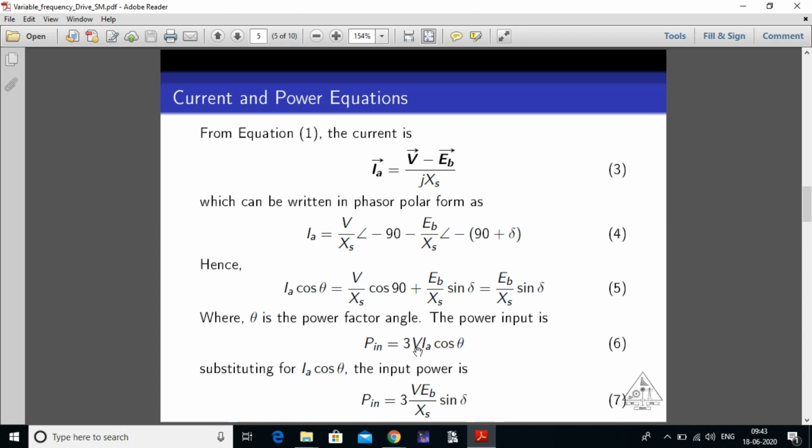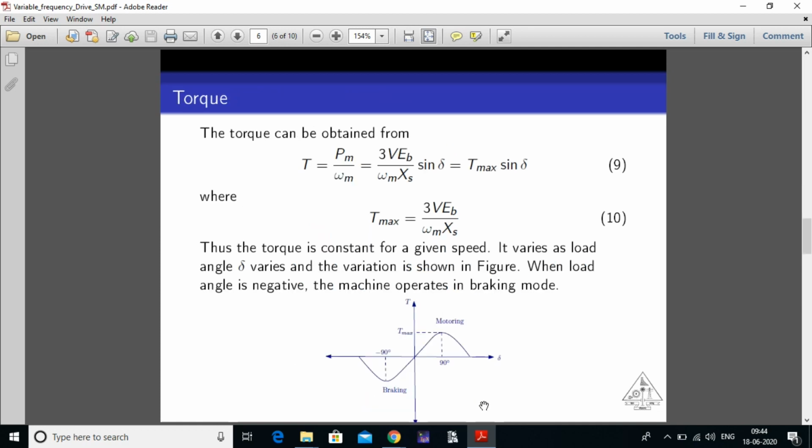Therefore, if you multiply this equation by 3V, this will be 3V Eb by Xs sine delta. That is the equation for input power. From this equation, it is clear that the input power is a function of load angle delta. As the input power increases, delta increases.